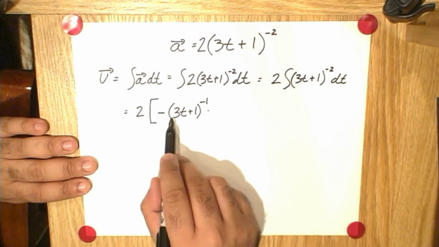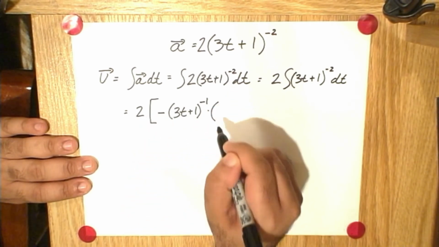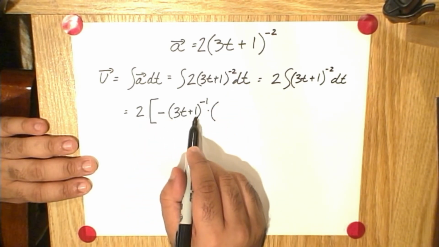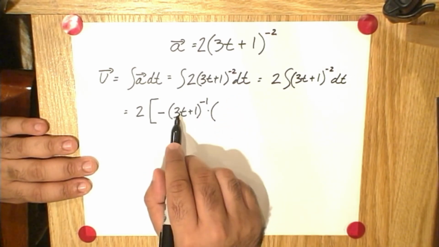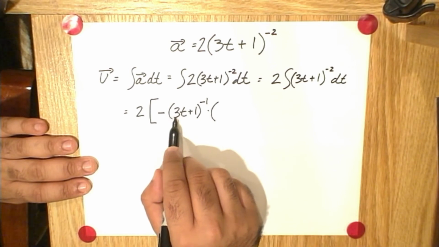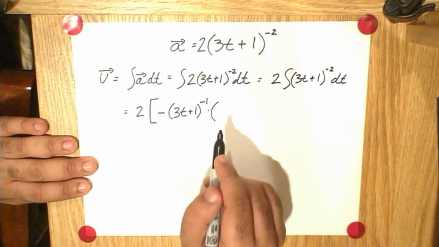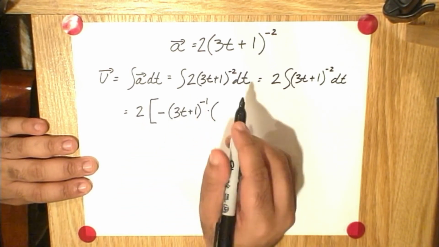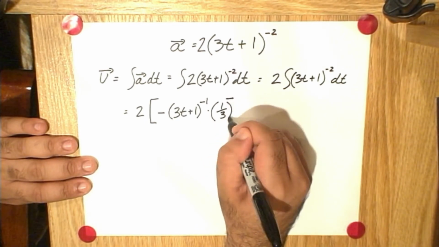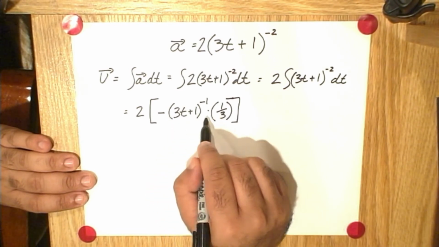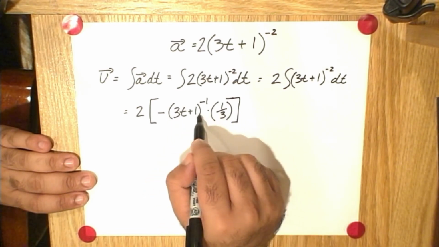But you then need to take this quantity and multiply it by 1 over the derivative of the inside. So this is going to account for the fact that when you take the derivative of this, the derivative of the inside gets multiplied. So now the derivative of the inside has to get divided. So that means that we need to divide by 3, or equivalently, multiply by 1/3.